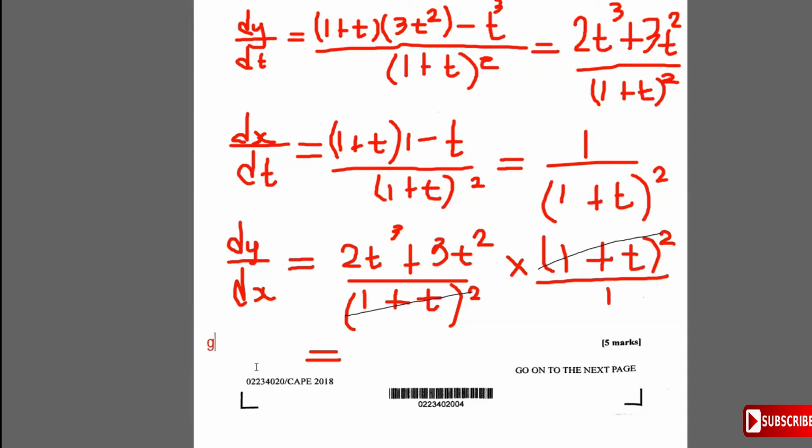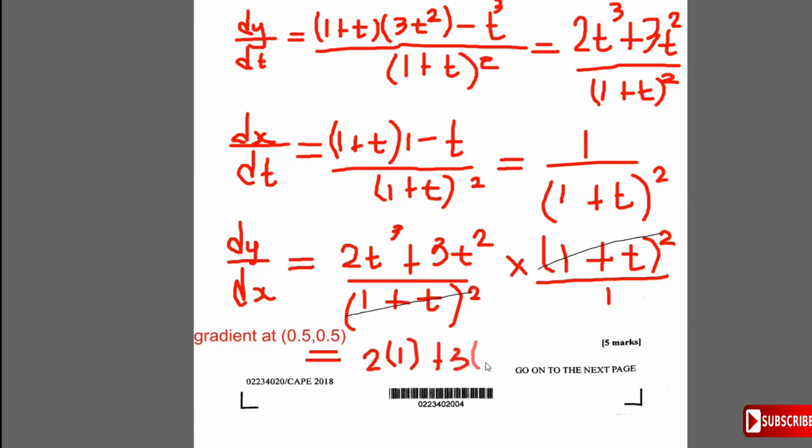The gradient at the point (1/2, 1/2) is equal to, plugging in t equals 1, 2 times 1 cubed, which is 2 times 1, plus 3 times 1 squared, which is plus 3 times 1.